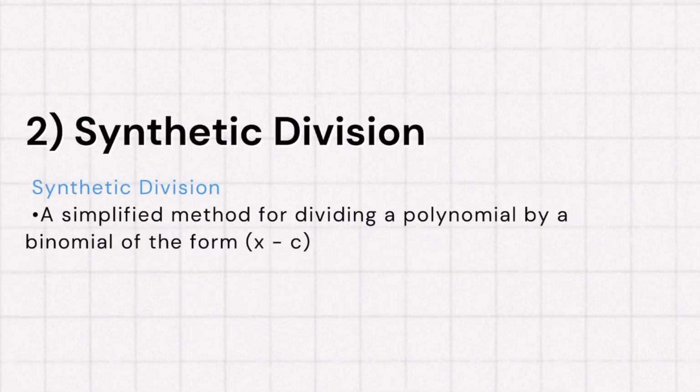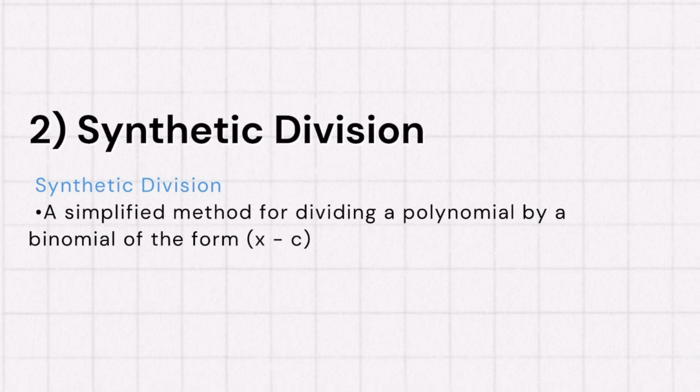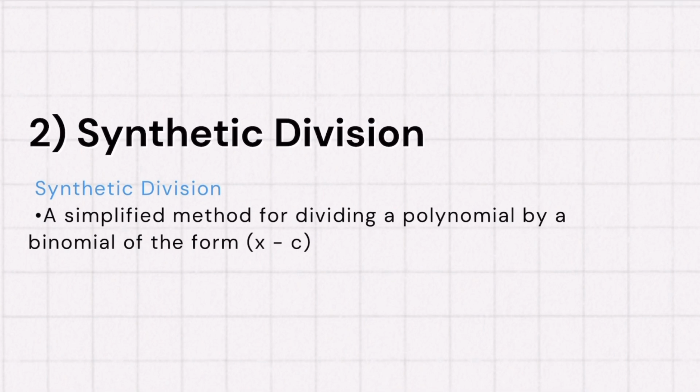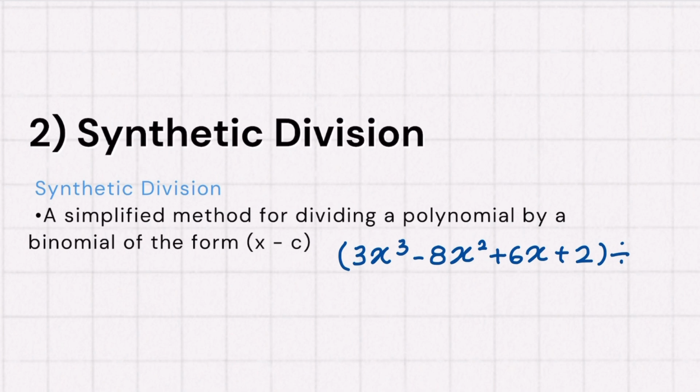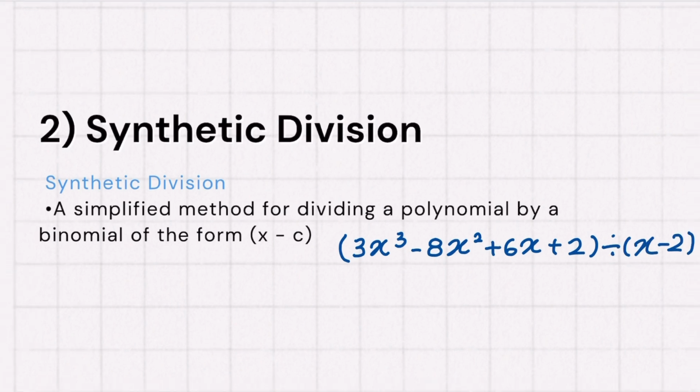Now let's take a look at synthetic division. Synthetic division is a simplified method for dividing a polynomial by a binomial of the form x minus c. Now let's take a look at an example. Let's say that we were to divide this equation by this equation.